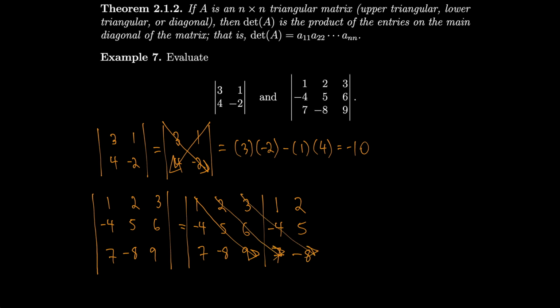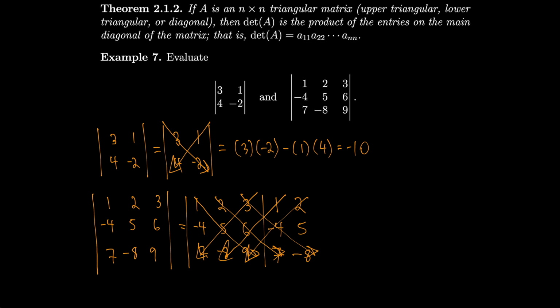So I draw three going down, and now I'll draw three going down to the left. My first ones are to the right. So I'll multiply everything along the arrows, but I will add these going to the right, and I will subtract these going to the left.